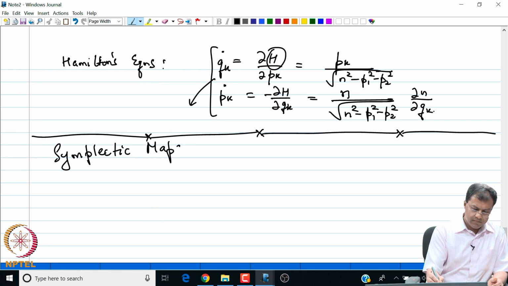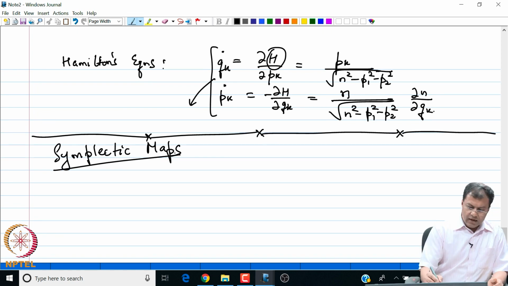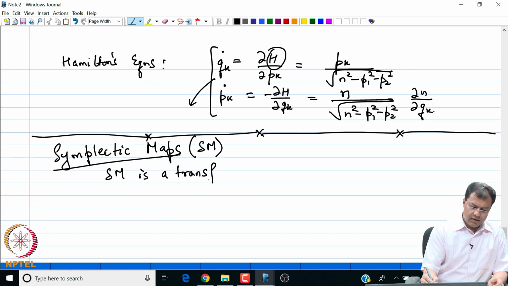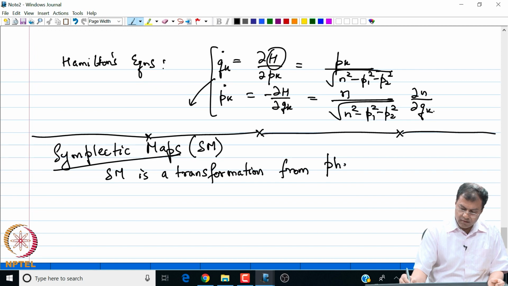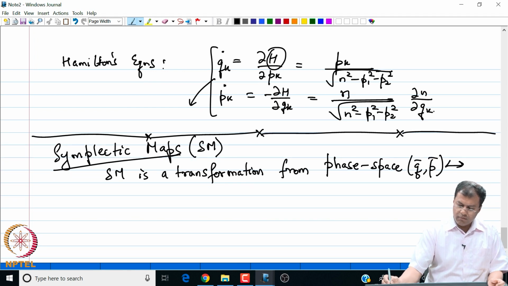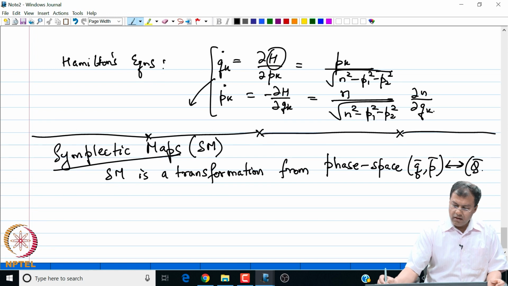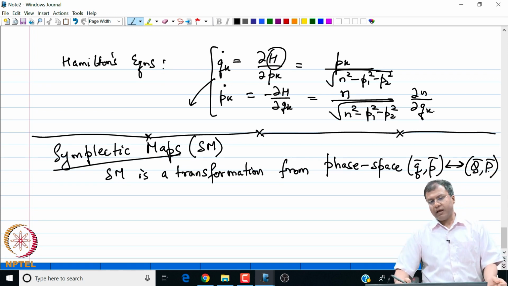Symplectic maps, let me denote it by SM. SM is a transformation from the phase space q bar, p bar to a new phase space Q bar, P bar.